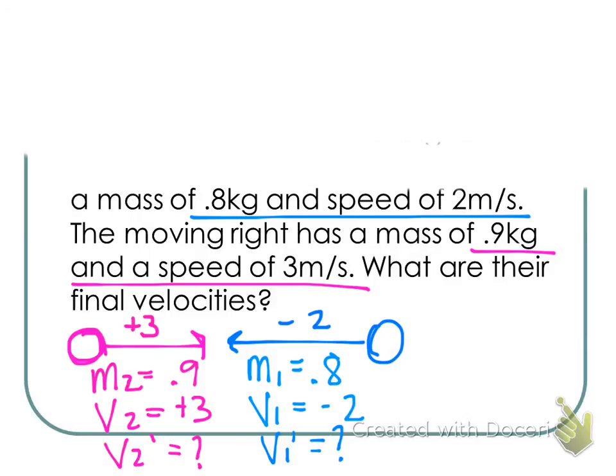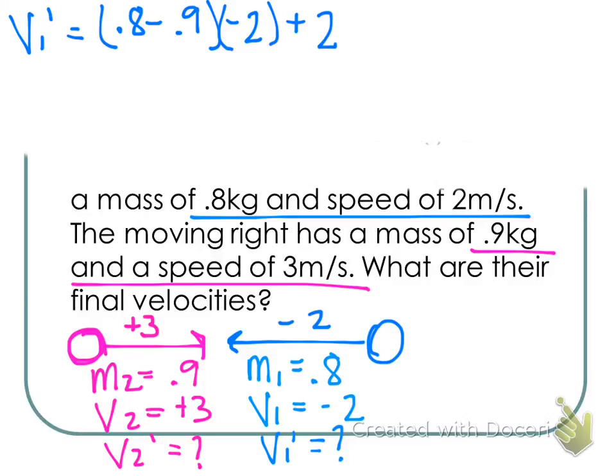Okay, so using that equation to solve for v1 prime, it's m1 minus m2, so 0.8 minus 0.9, times v1, which is negative 2, plus 2 times m2 times v2.